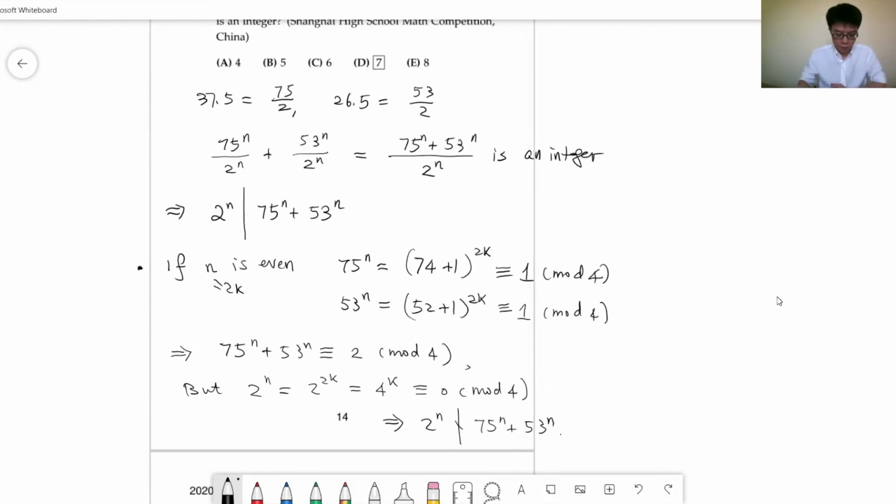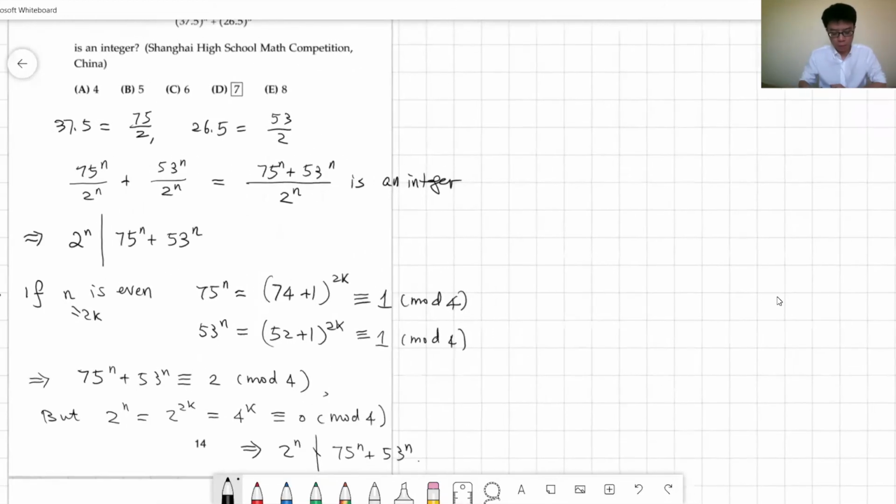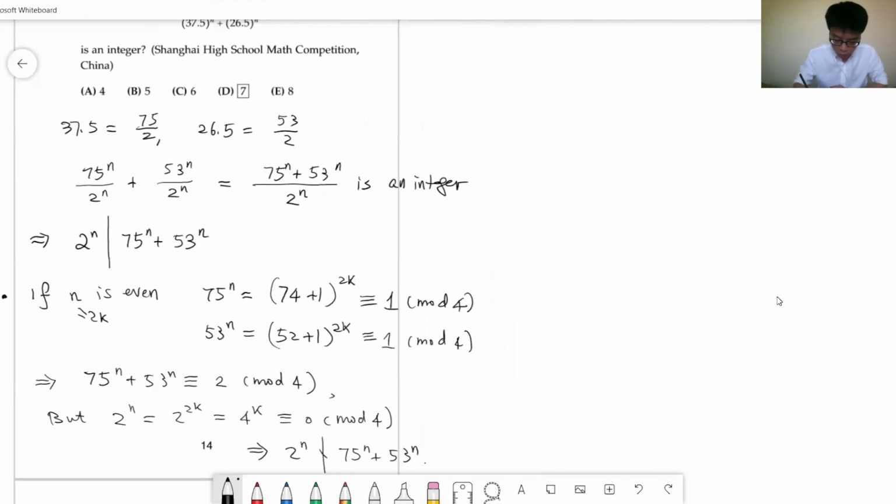Now let's discuss the case that n is an odd number. If n is odd, now let's consider this sum.